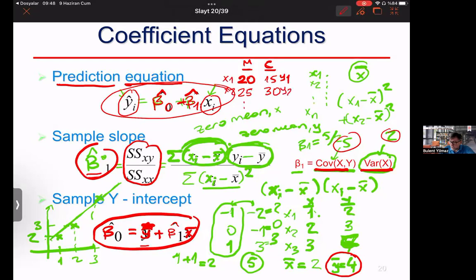X2, Y2. And finally, you're gonna draw this X1, X2, X3, many points like that, and Y1, Y2, and so on. So you're gonna have this data, and then using this covariance and variance, or beta 1 and beta 0, you're gonna come up with the least squares line prediction, okay?